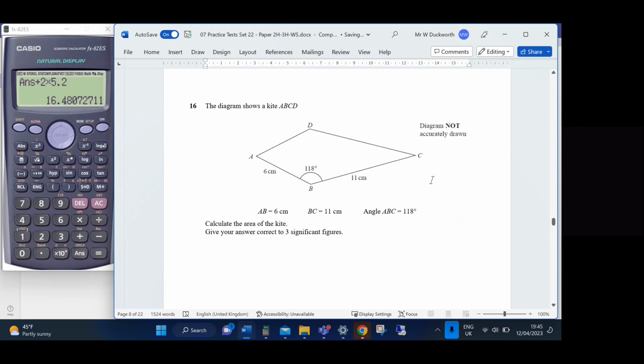Sorry, my internet signal just dropped off there for a second. Just checking that we're back up and running. Yes, we are. Okay, so just looking at the information that we've got. I'm just going through my list of strategies here. So we haven't really got a formula for the area of a kite.